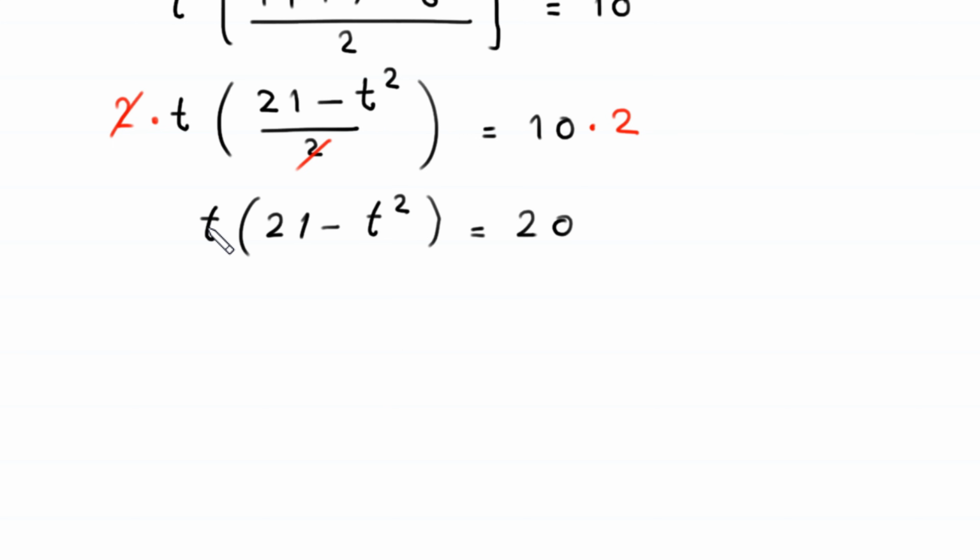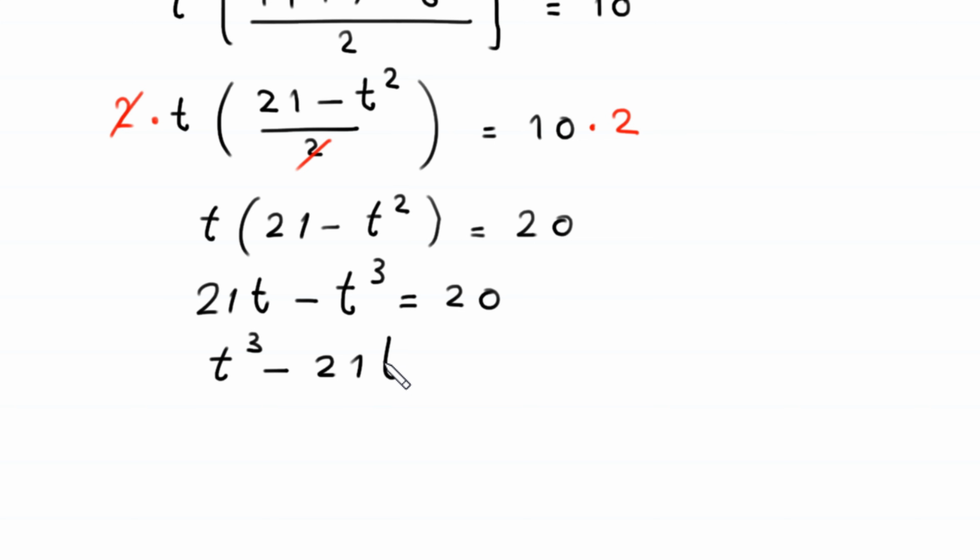Distribute this: t times 21 is 21t, and t times negative t squared is negative t cubed, is equal to 20. Move these two terms to the right hand side, then this will become positive t cubed minus 21t plus 20 is equal to 0.